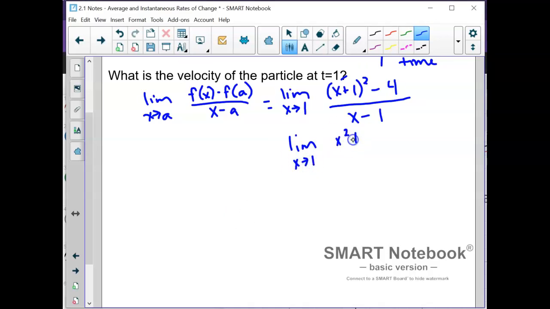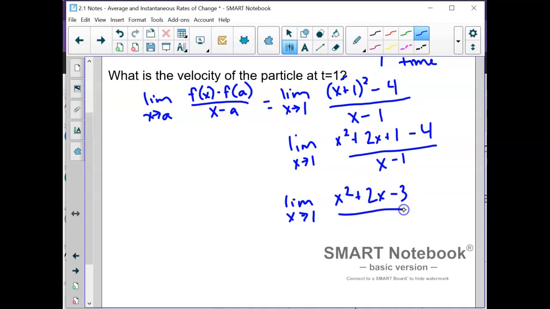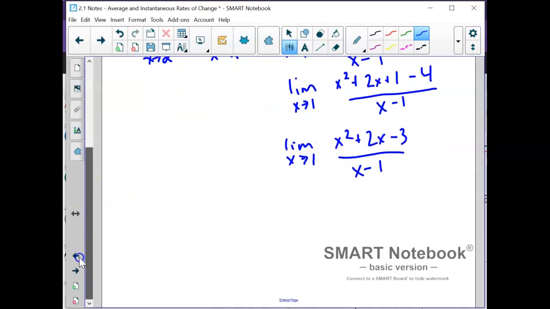X squared plus 2x plus 1 minus 4 over x minus 1, which is going to give us the limit as x approaches 1 of x squared plus 2x minus 3 over x minus 1. And I believe that x squared plus 2x minus 3 is going to factor for us. It'll factor into x plus 3 times x minus 1.